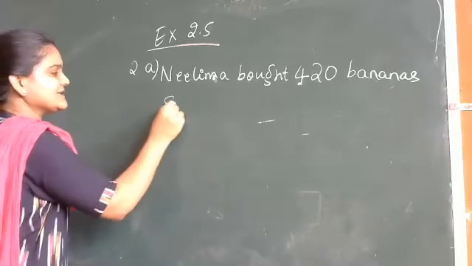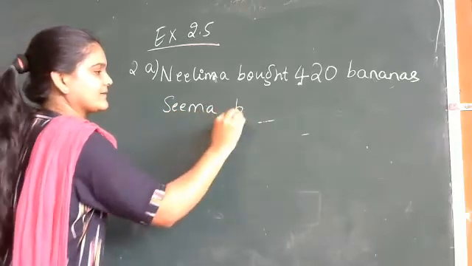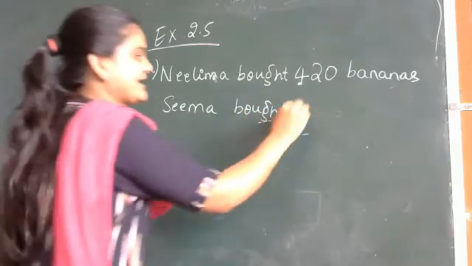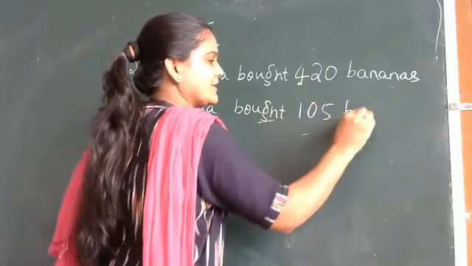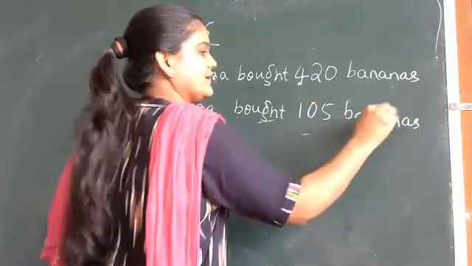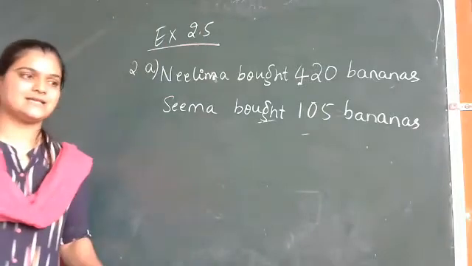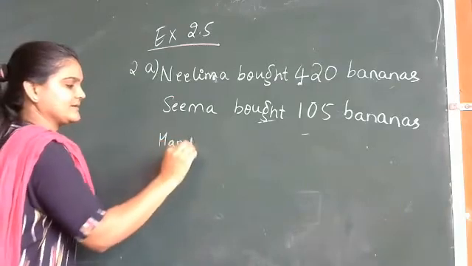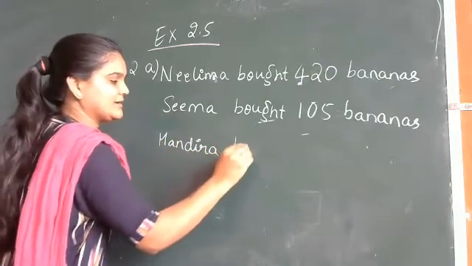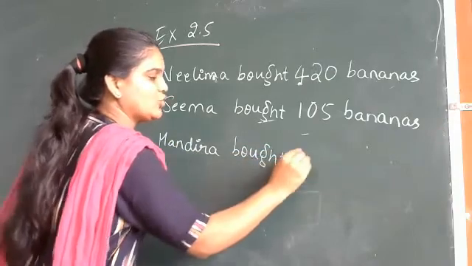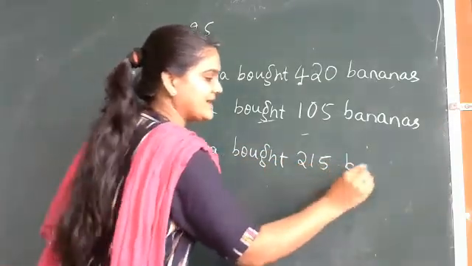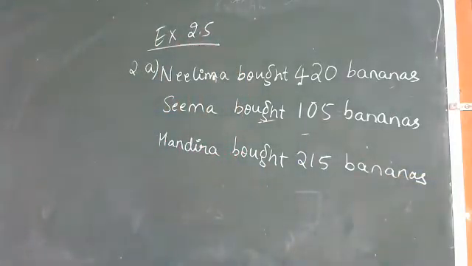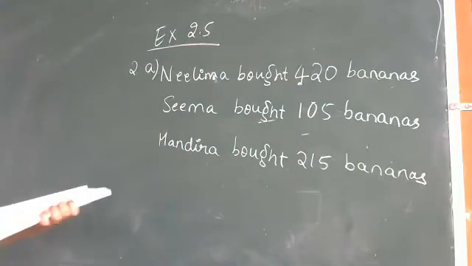Next one, Seema bought 105 bananas. Next, Mandira bought 215 bananas. Children, totally how many bananas did they buy?